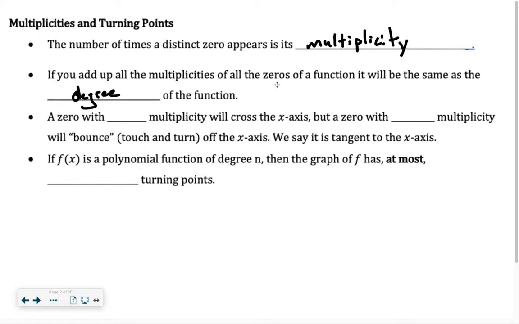Okay, now for everything that we're going to look at in this section, we're just going to deal with real zeros, but once we get into the next couple of sections, it will include real and imaginary zeros.